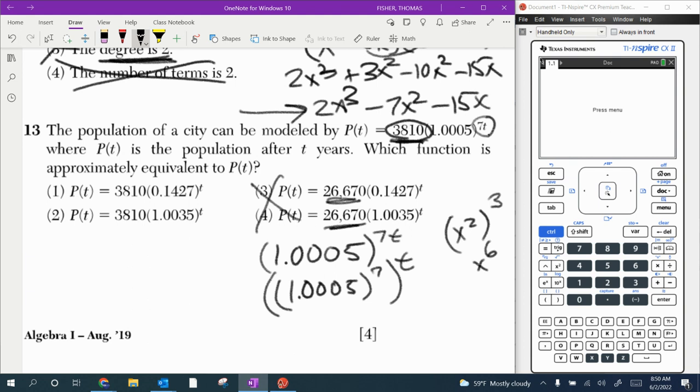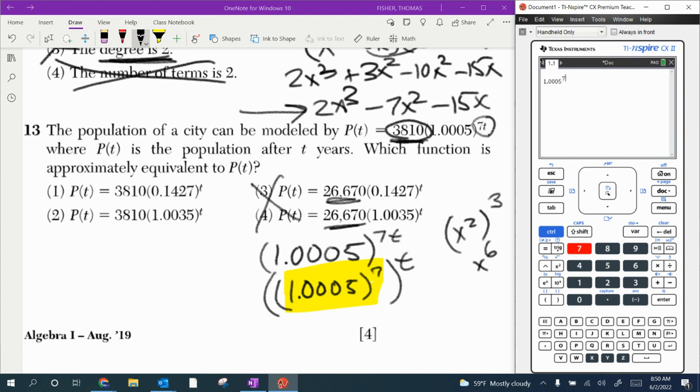So then you just got to figure out, well, what is this inside part? So what is this right here? So once we get that number, then we're raised to the t power and we're done. It's either this number or it's that number. And you can probably guess which one it's going to be because there's no way it could be less than 1. If you're multiplying 1.0005 to the 7th, how would that be less than 1?